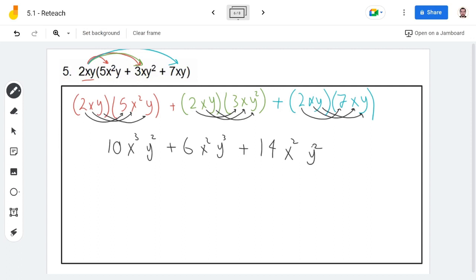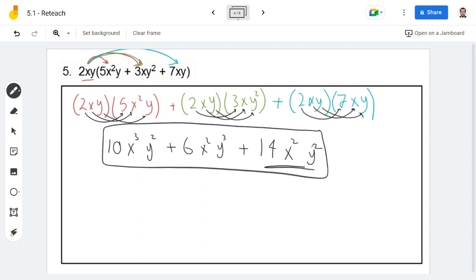So now as you can see, this is my answer. If we have a like term, we can add them together. But if we don't have a like term, this is my final answer.